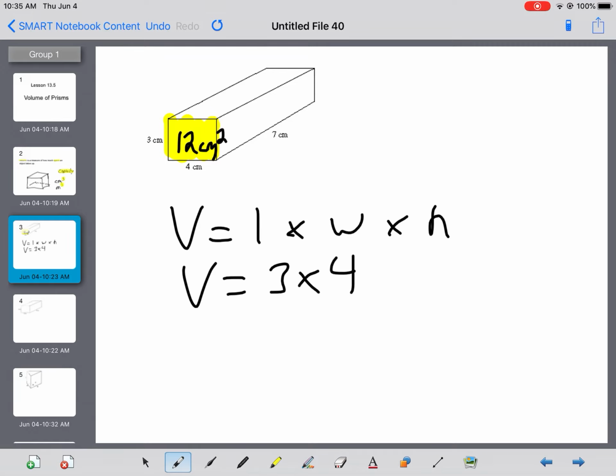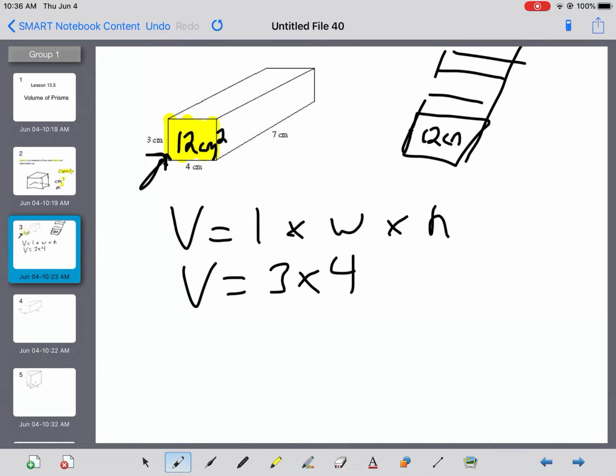Now I want you to picture this rectangular prism flipped so that this is standing on the ground. You can picture this flat square of 12 centimeters squared on the ground, and then it builds up into a tower, which I can't really draw in 3D. That 12 centimeters repeats itself for 7 whole centimeters going up.